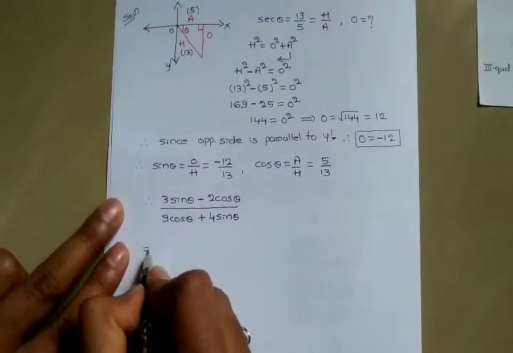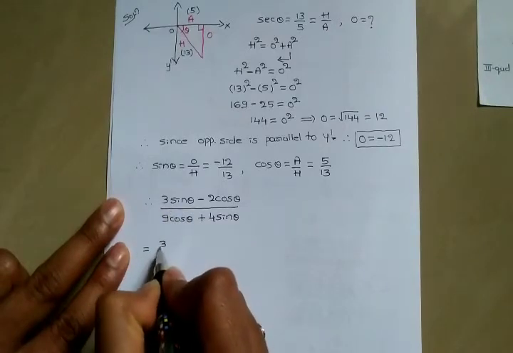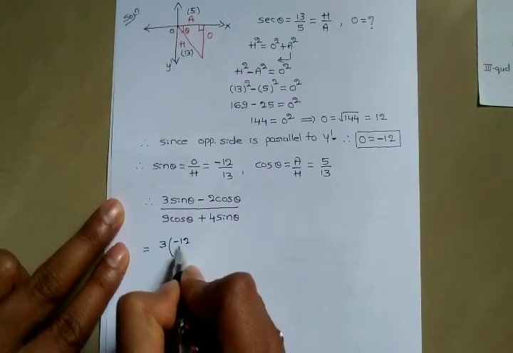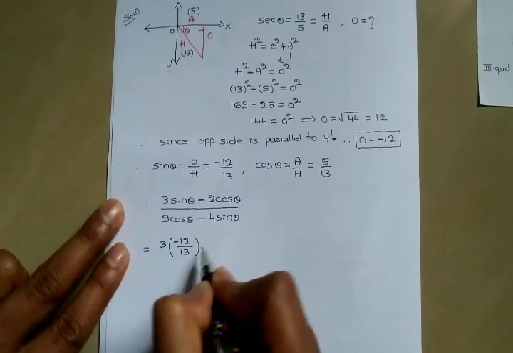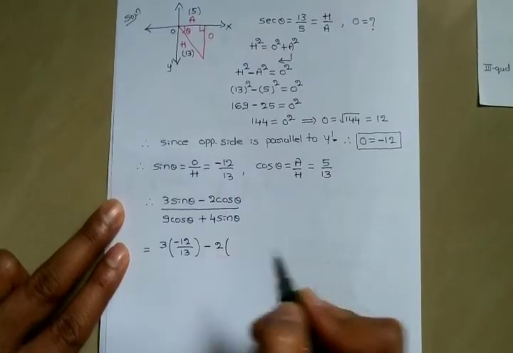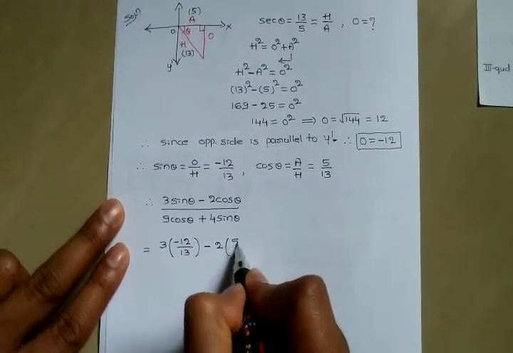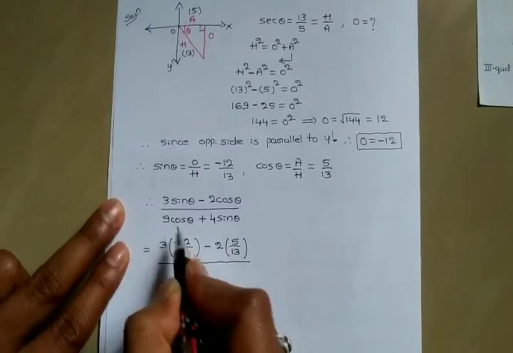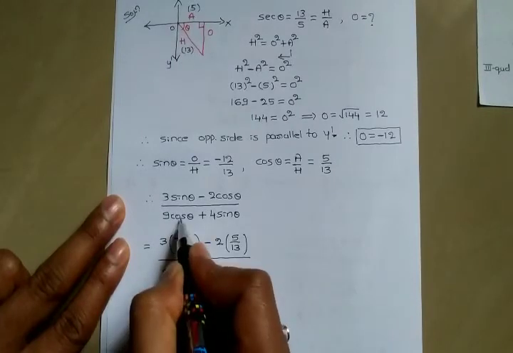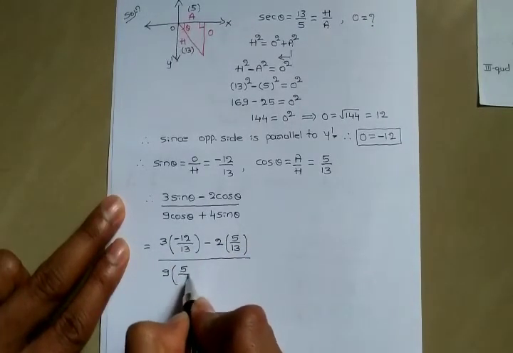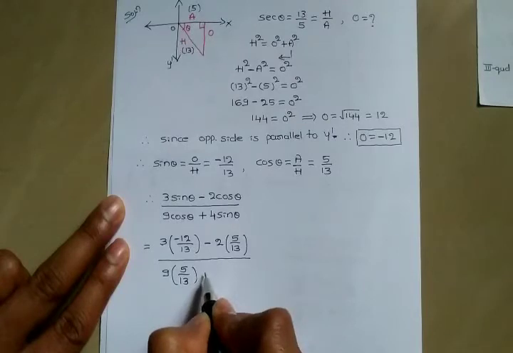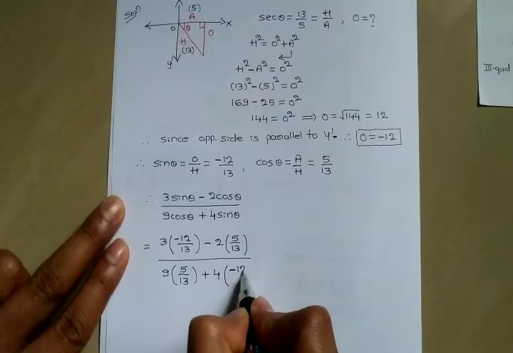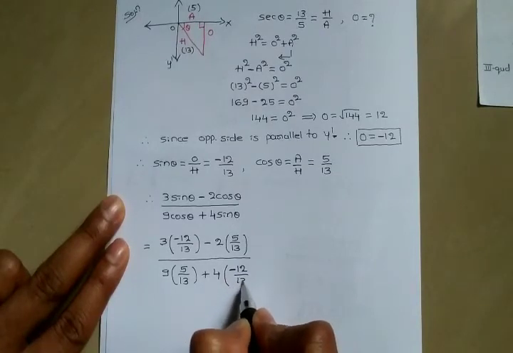So this is equal to 3, keeping it as it is, substituting sine theta, which is minus 12 divided by 13, next minus 2 into cos theta, 5 divided by 13, divided by 9 into cos theta, 5 divided by 13, next plus 4 into sine, minus 12 divided by 13.